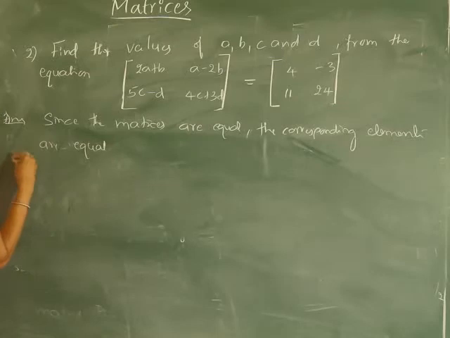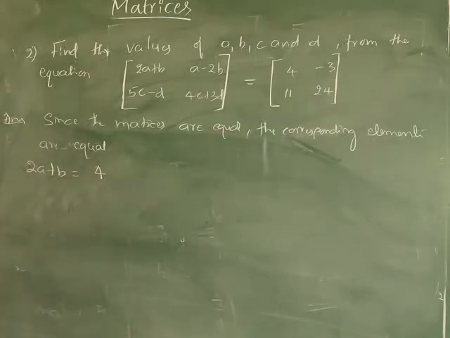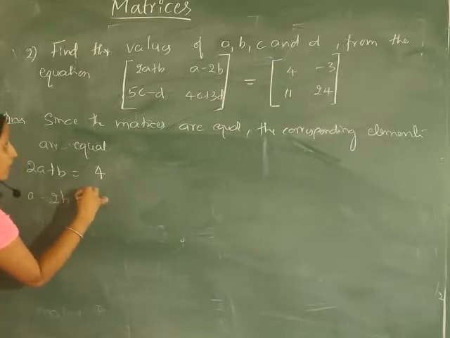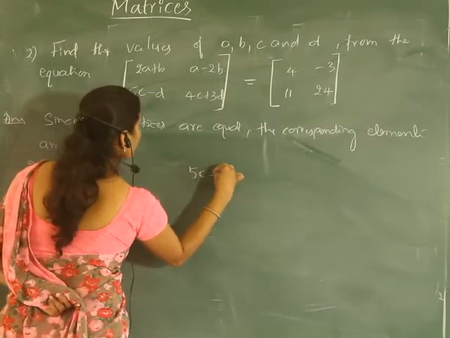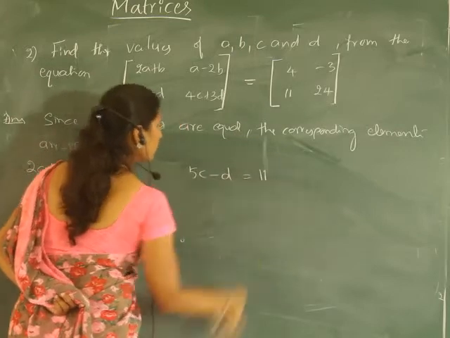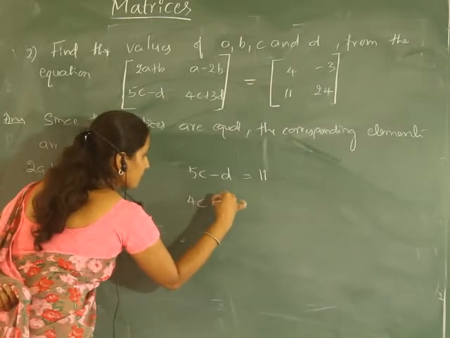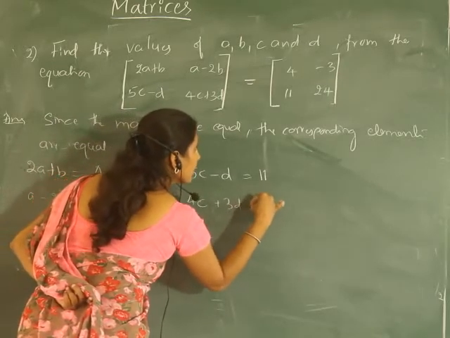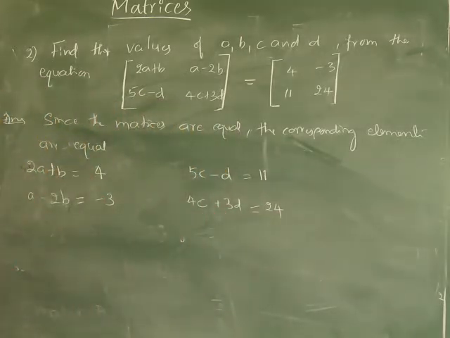Therefore we are getting 2A plus B is equal to 4, and one more, A minus 2B is equal to minus 3, and 5C minus D is equal to 11, 4C plus 3D is equal to 24. So we got the relation.